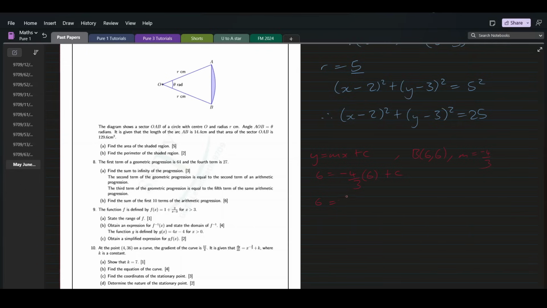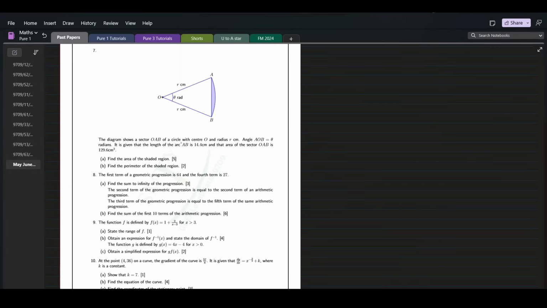So 6 is equal to negative 4/3 multiplied by 6, and that gives us negative 8, plus c. So c is equal to 6 plus 8, which is 14. Therefore, the equation of the tangent is y is equal to negative 4/3 x plus 14. And this would be the final answer.